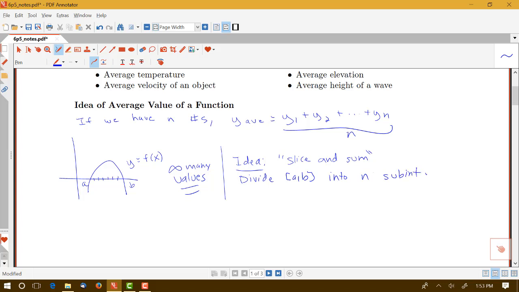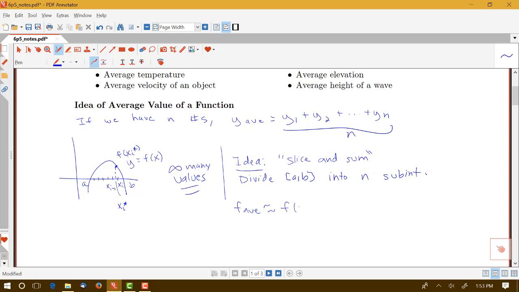Then we think about the ith subinterval as being from x i minus 1 to x i, and we have some sort of sample point in that interval that we call x i star. So at that particular point, I have the value f of x i star. So for each of my different intervals, I pick a point in the interval, and I look at the value of the function at that point. In this way, we can get an approximation to the average.